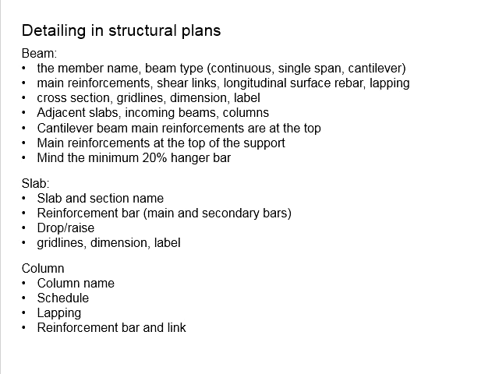However, at the support, it will behave in the opposite manner, where the tension is now on top of the beam, and the compression at the bottom of the beam. Therefore, when you provide the main reinforcement, especially at the support, you need to make sure the main reinforcement is on top of the beam.